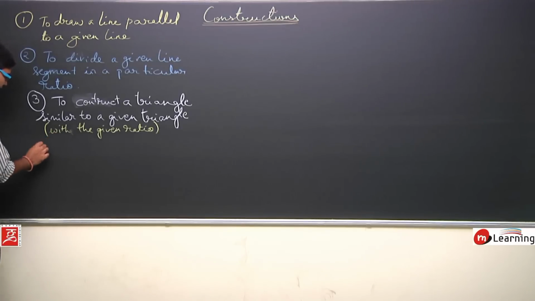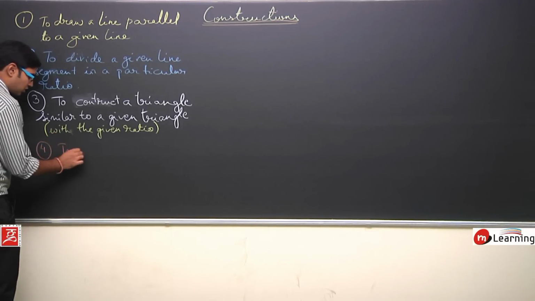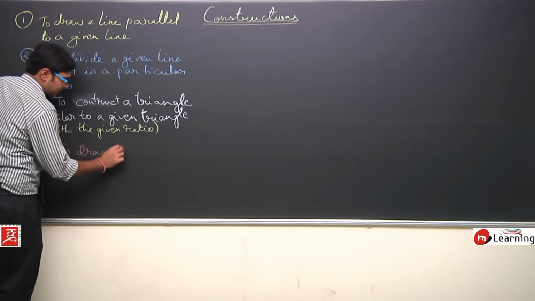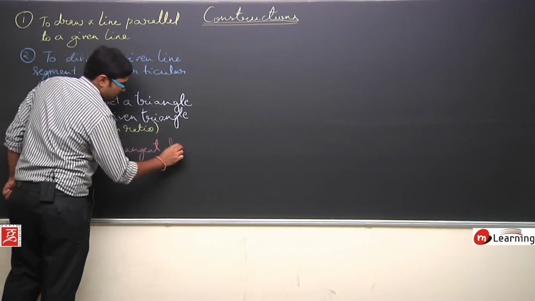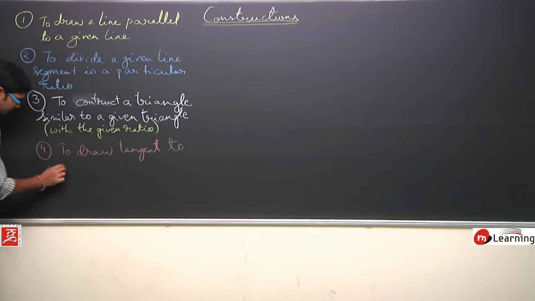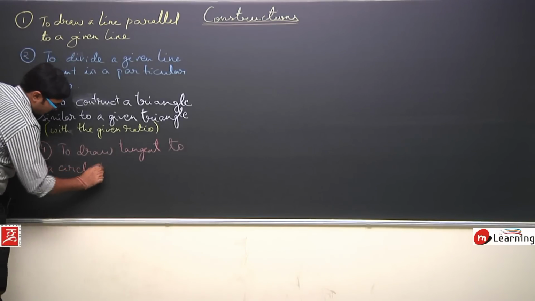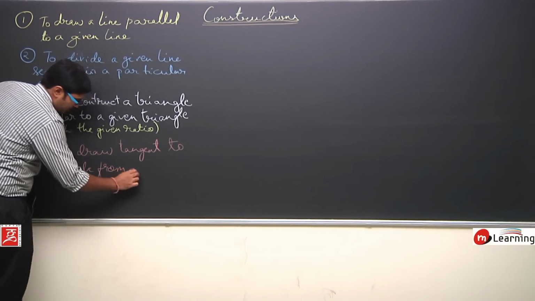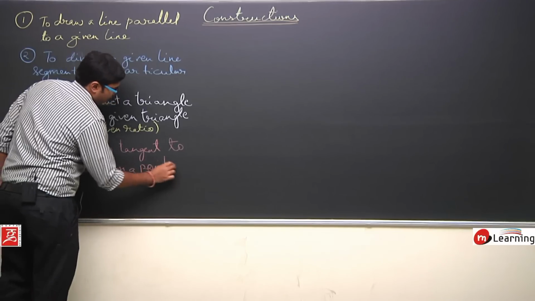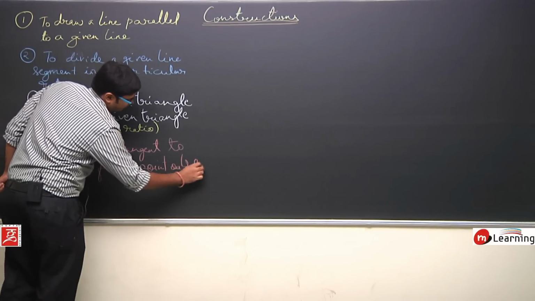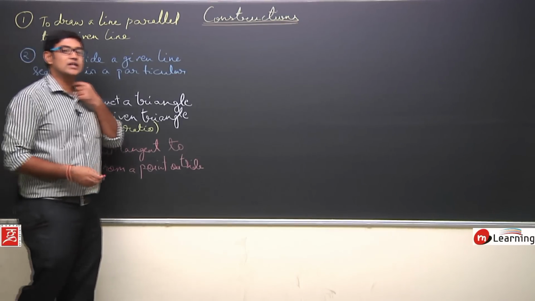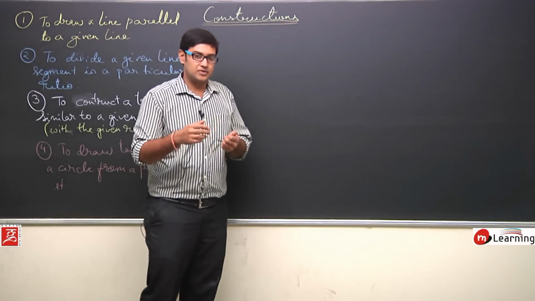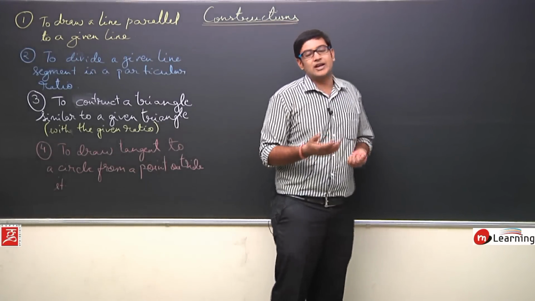Then the fourth thing that we'll learn in this chapter is to draw a tangent to a circle from a point outside it. This is the syllabus for your class 10th.